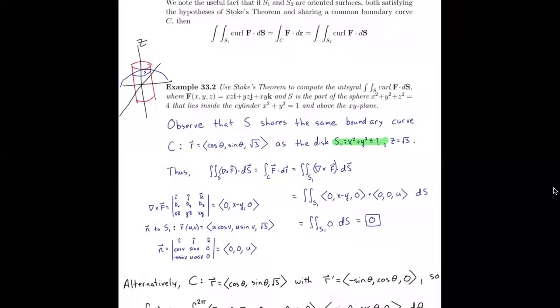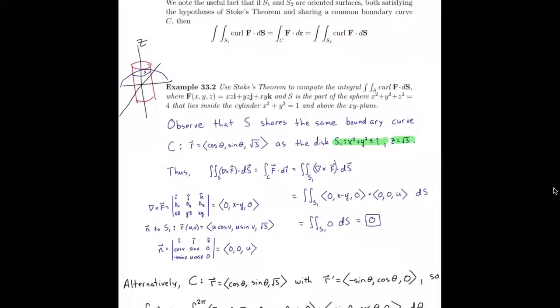So C parameterizes the boundary, but we also realize that our original surface S, the spherical cap, shares the same boundary curve C, parameterized by this function, as the disk S1 equals x squared plus y squared less than or equal to 1, with z equal to root 3.